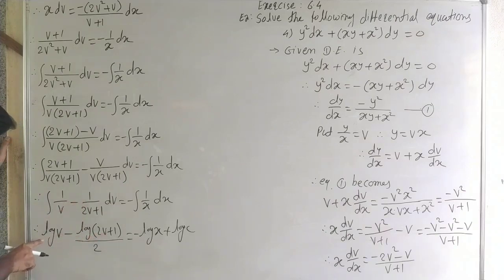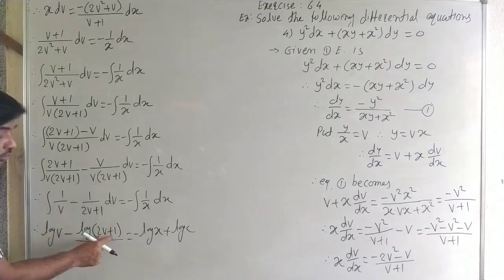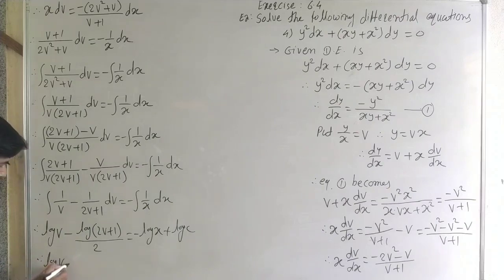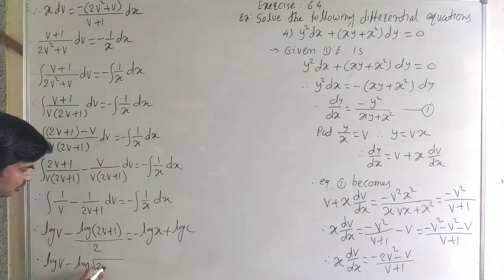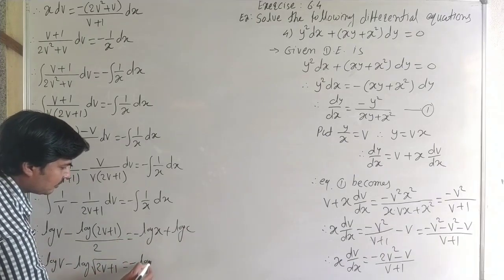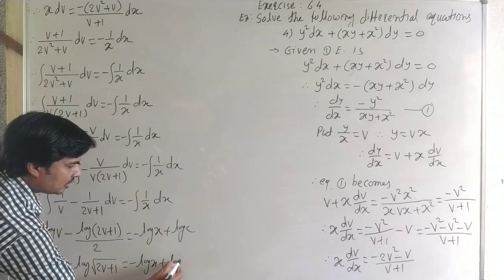Now here it is log v minus (log (2v + 1))/2. Here upon 2 means it is 1 by 2. We take 1 by 2 as the power of 2v + 1, and the power 1 by 2 means it is under root. Then we can write it is log v minus log of under root (2v + 1) is equal to minus log x plus log c.